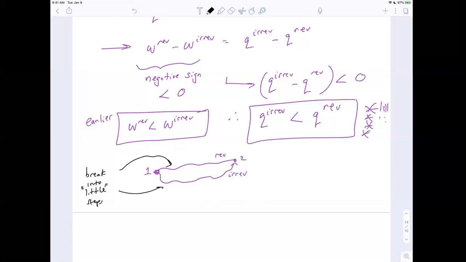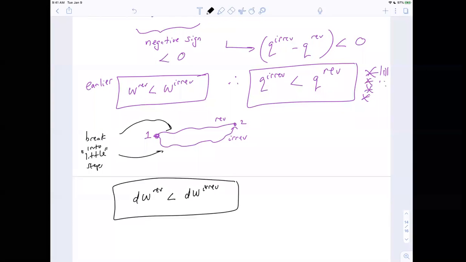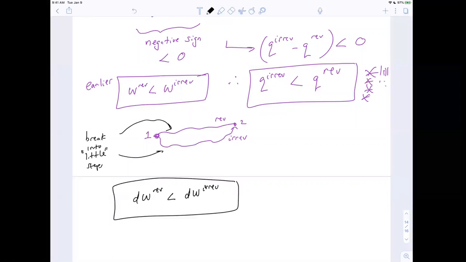So for each one of those mini processes, those differential processes, these same inequalities hold. So what I have then is dW reversible is less than dW irreversible. This is just the same thing, but now all I've done is apply this not to a macro change, but to a very differential small micro change. It's the same thing, right? Because that little differential step is still a delta.